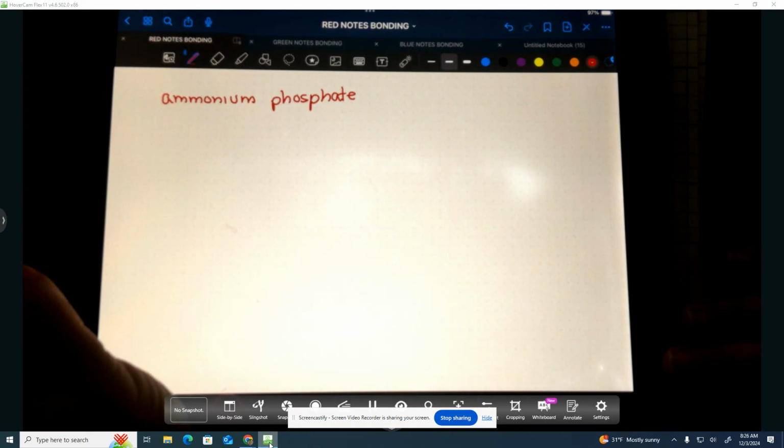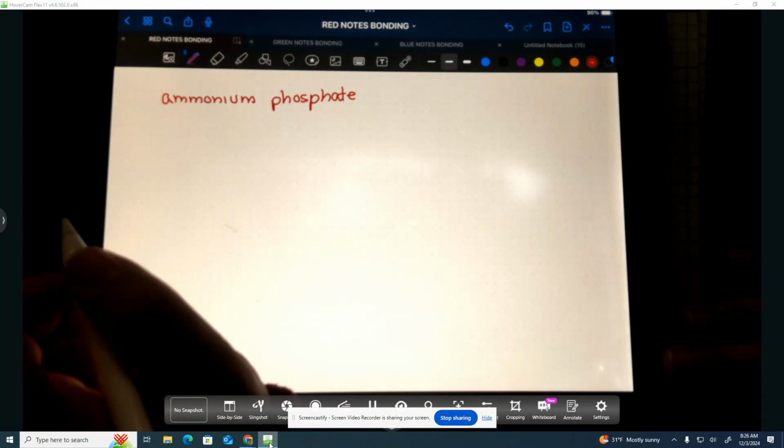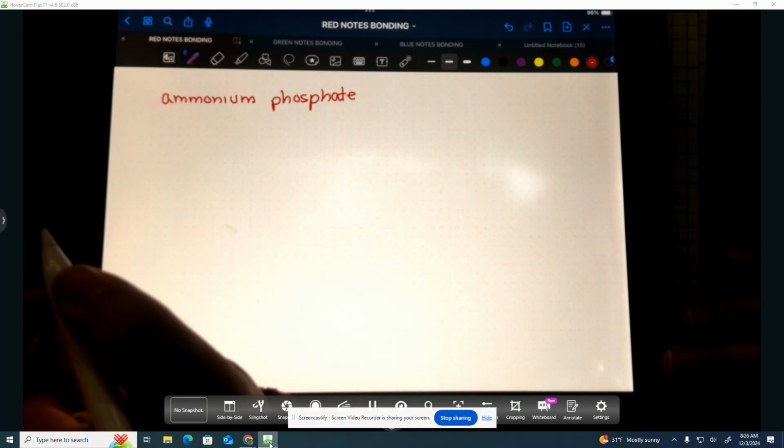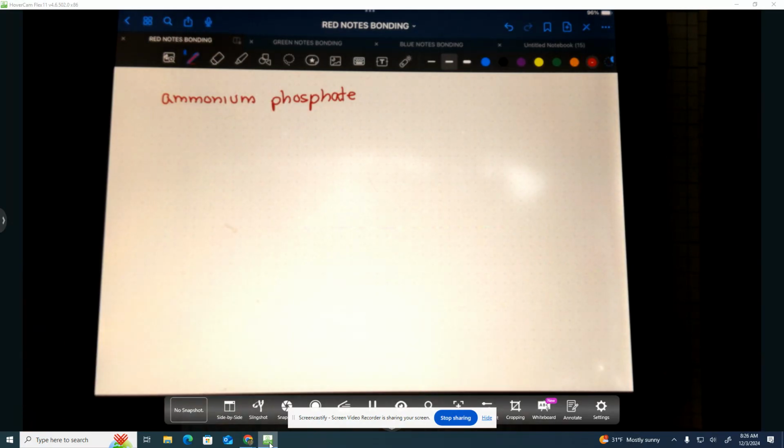Ammonium phosphate. I want to know what the formula is and how many of each atom you have in there. How many moles of each atom you have in there. Okay, try it. Find ammonium.